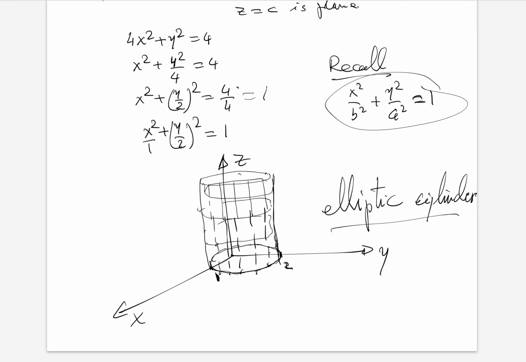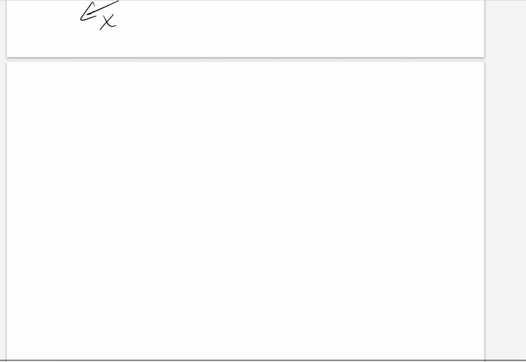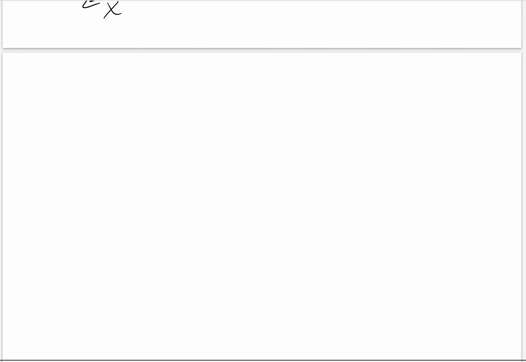And now let's do the next one. So the next one you have C, and the C is Z is equal to 1 minus Y squared. Now I have to go fast, since now you understand.